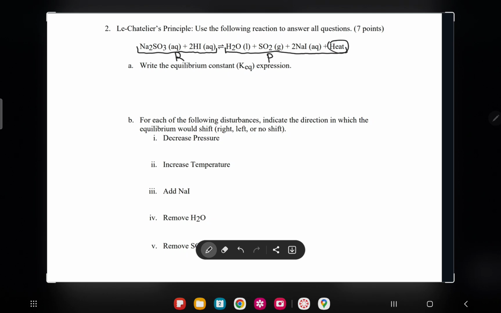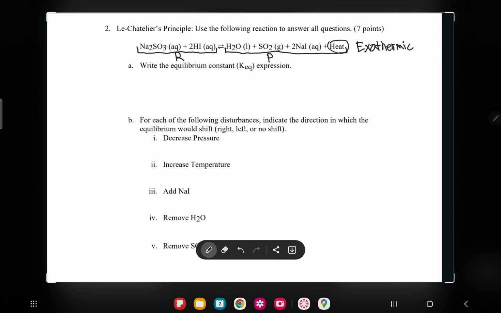And we have to distinguish if this is going to be exothermic or endothermic. Endothermic is when heat is in the reactants, while here heat is in the product side. This will be an exothermic reaction, right? We're giving off heat as a byproduct.